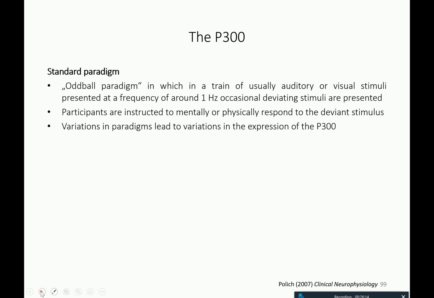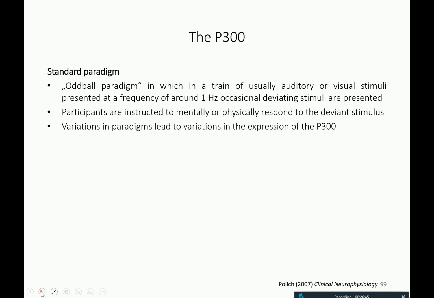The main difference is that the participants are instructed to mentally or physically respond to the deviant stimulus. So in the typical mismatch negativity paradigm, not the one that we did, people are not supposed to attend to the stimulus at all. In the typical P300 paradigm, people are told to respond to the stimulus, often even by pressing a button.